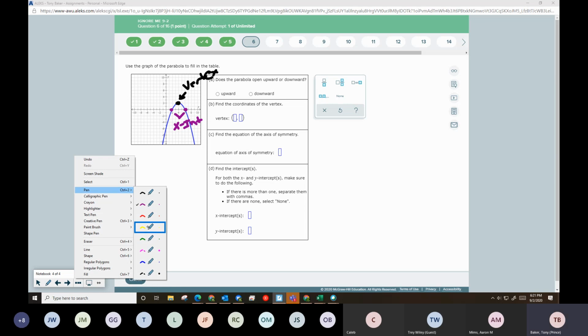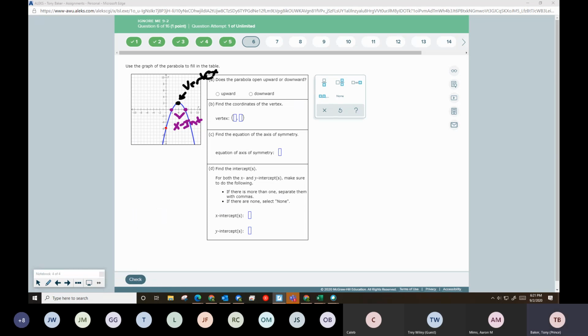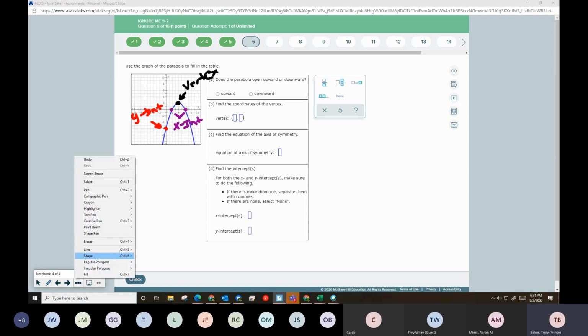Then we also have our Y-intercept. You will always only have one y-intercept for a parabola. So a parabola always has to cross the y-axis. You'll always have one of them. You'll never have more than one. And then the last thing we have is our axis of symmetry.